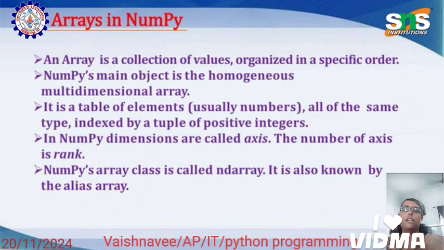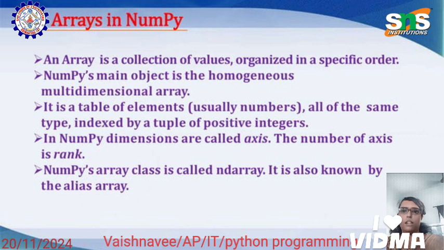Arrays in NumPy. An array is a collection of values organized in a specific order. NumPy's main object is the homogeneous multi-dimensional array. It has the same data type throughout, with multiple dimensions such as a 3D array. It is a table of elements, usually numbers, all of the same type, indexed by a tuple of positive integers.